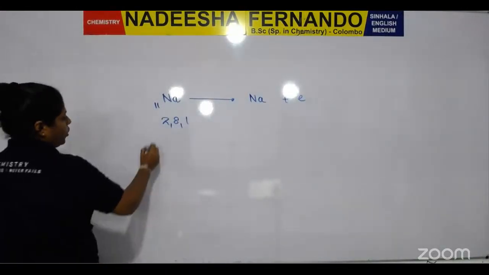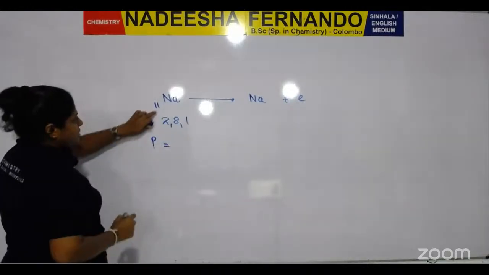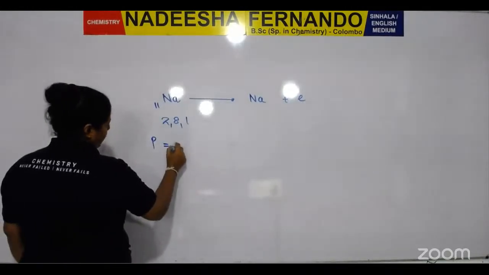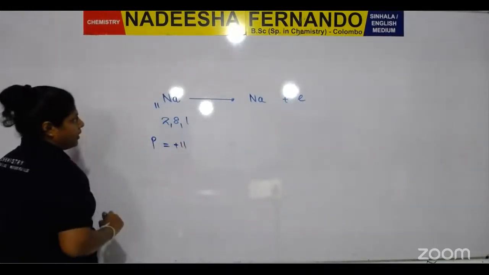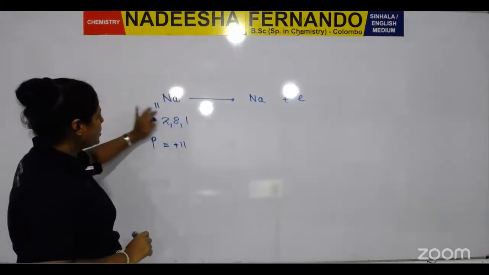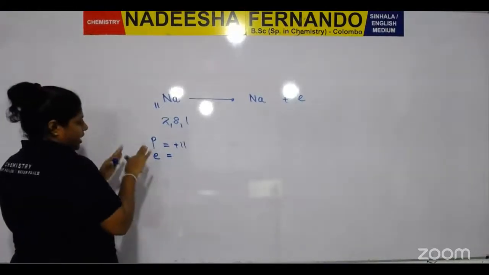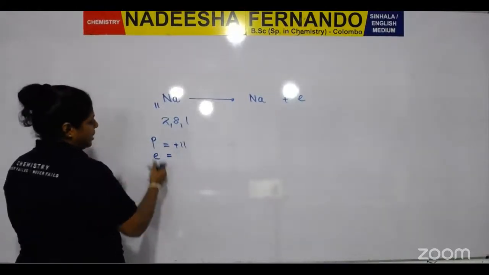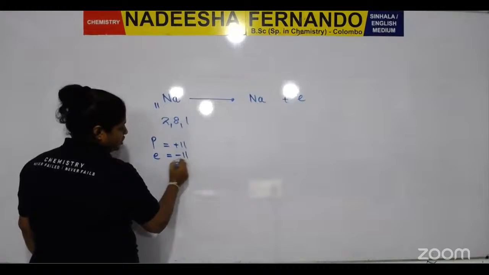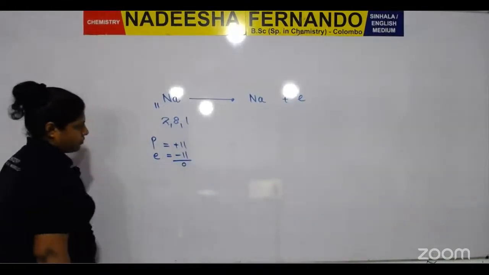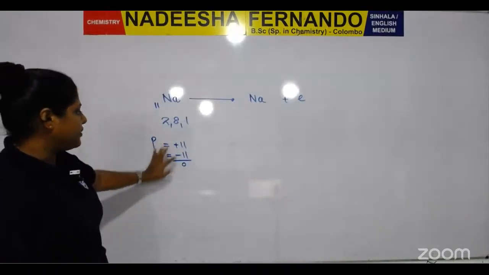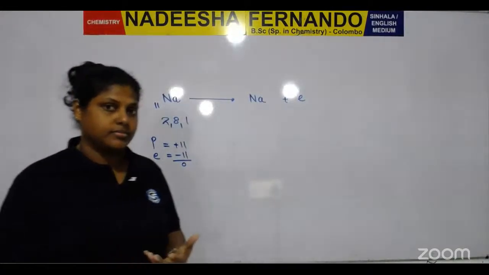The number of protons is initially the same as the atomic number, that is plus 11. When there's no charge, the number of electrons is the same as the number of protons, but the charge is minus. So the overall charge, plus 11 minus 11, is 0.